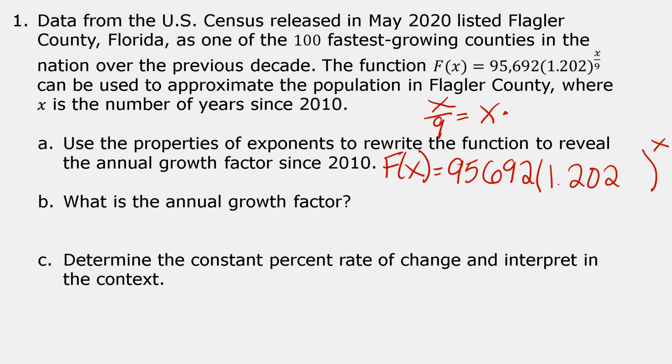What do I need to multiply by? What do I multiply x by to get to x over 9? 1/9. So we're going to take that 1.202 and raise it to the 1/9.